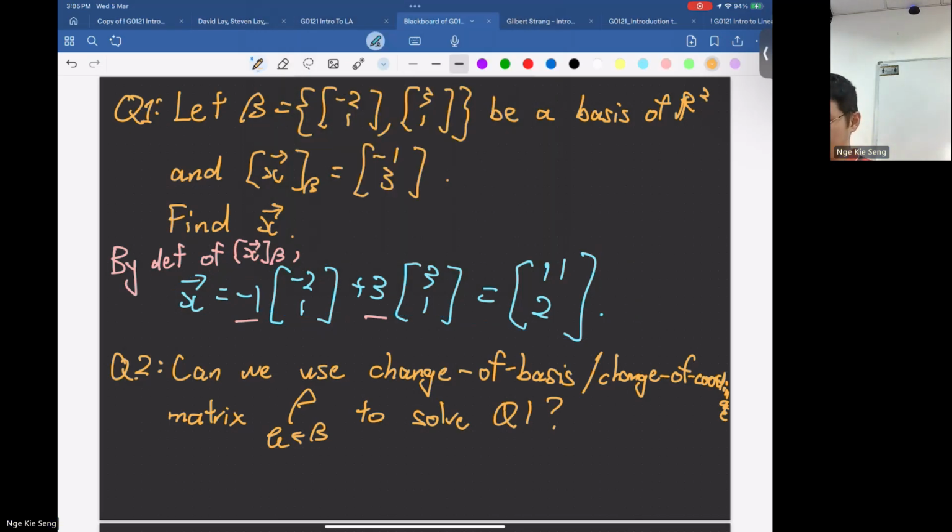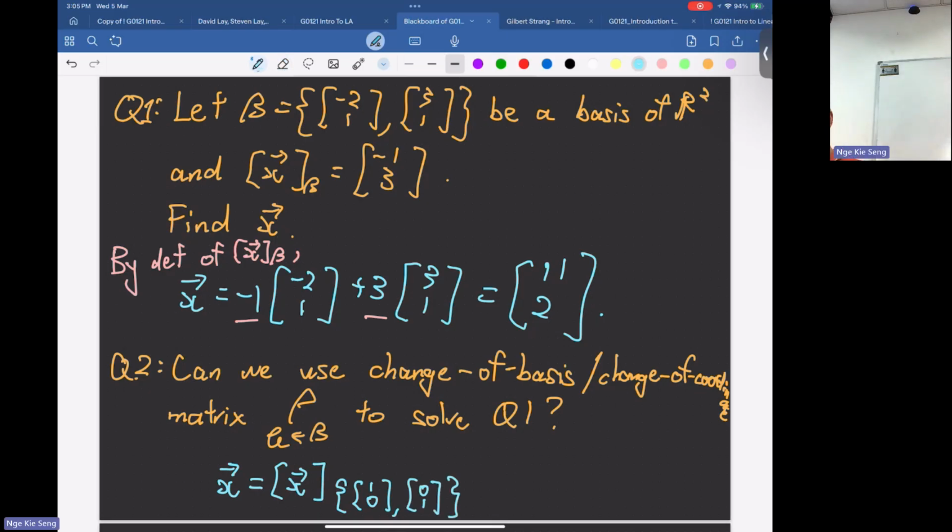Because you can think of x as a coordinate basis in terms of the standard basis. But you are given x in the basis B also.